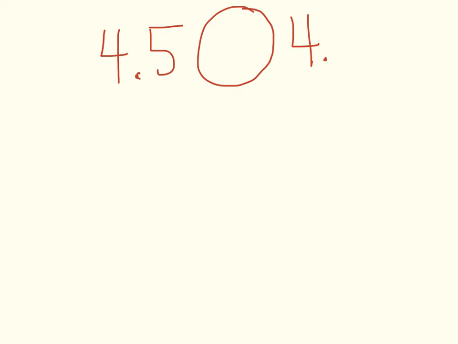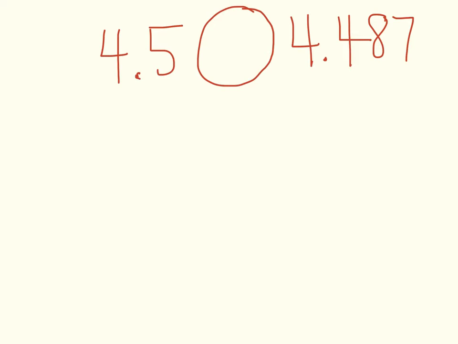Now, one final element to working with decimals like this is being able to compare them and put them in order. If I asked you to compare 4 and 5/10 compared to 4 and 487 thousandths.